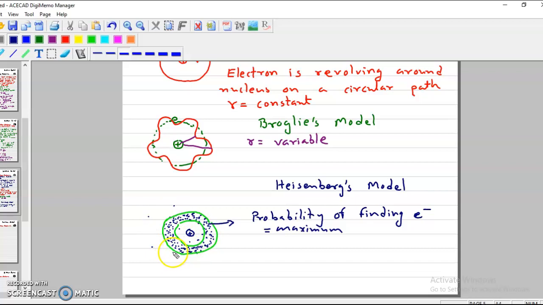Instead of giving accurate values of r, v, etc., Heisenberg realized that the electron can be anywhere around the nucleus, but there will still be a certain space around the nucleus in which the possibility of finding the electron is maximum. So this is the area in which the probability of finding the electron will be maximum. So this is the structure of the atom according to Heisenberg. Okay, so this is the outcome of Heisenberg.